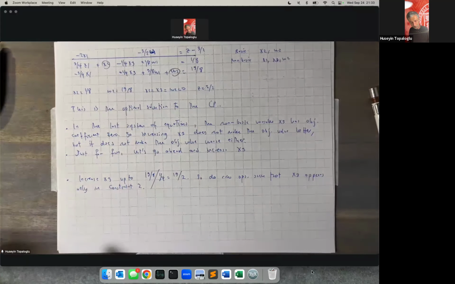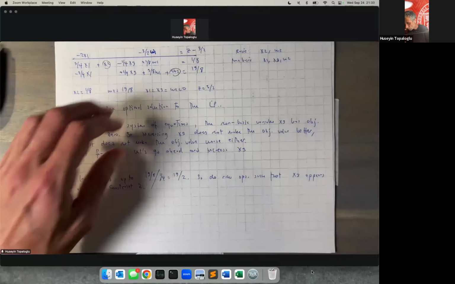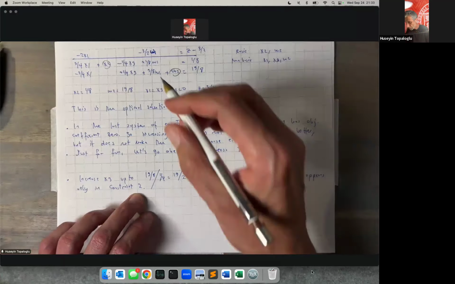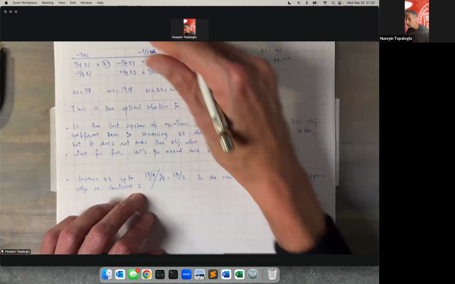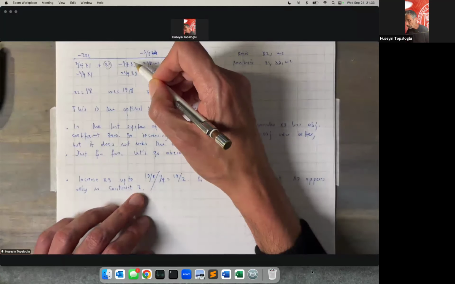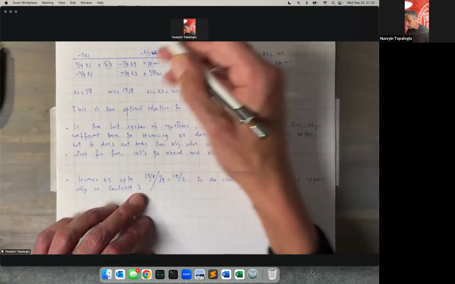Let's do those row operations. I want to make sure that x3 appears only in the second constraint row with a coefficient of 1. I want x3 to disappear from the objective function row, but it's already gone from the objective function row. I don't need to worry about it. And I want x3 to disappear from the first constraint row.